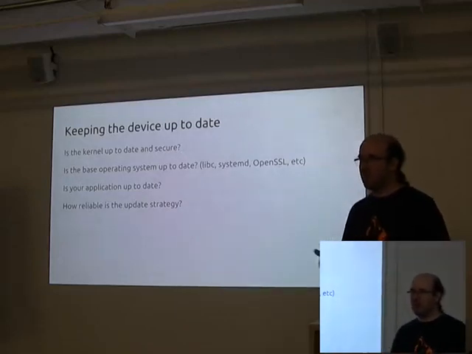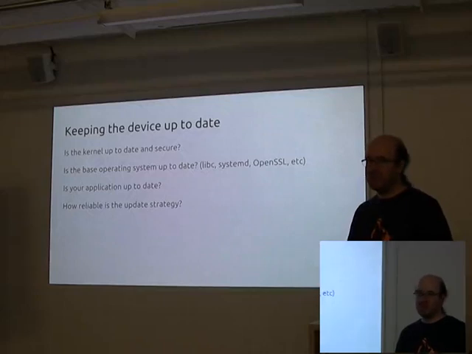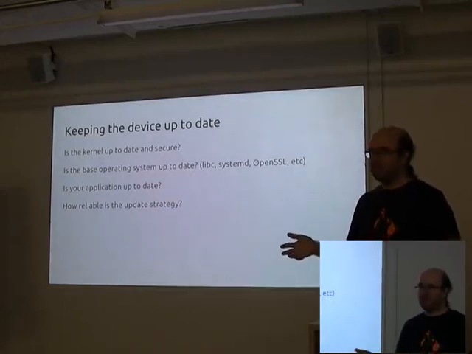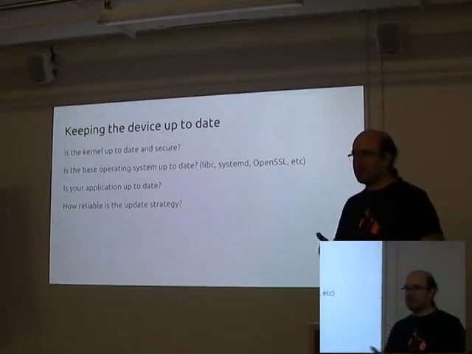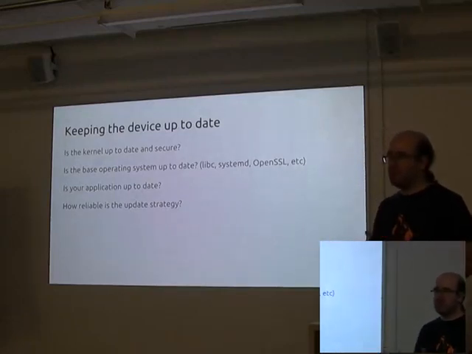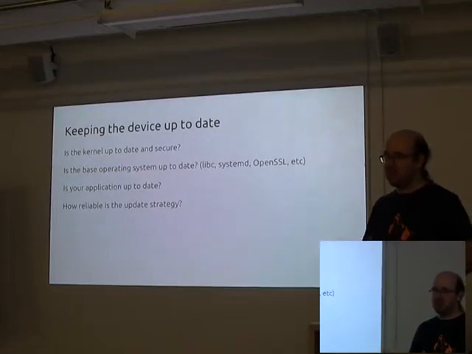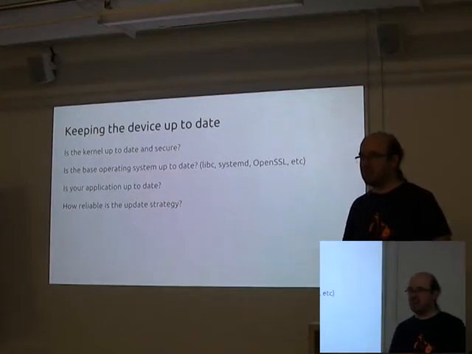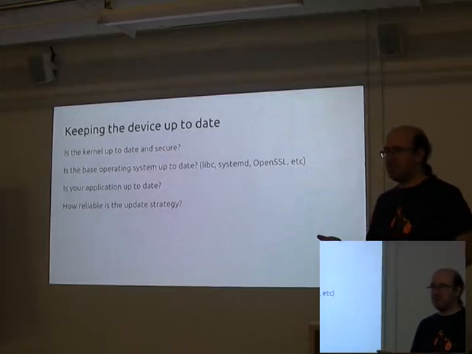And quite separate from your own code, there's the issue of how you make sure that the base operating system and the kernel are all up to date. So like the base Linux system, you might have a copy of OpenSSL, for instance, which is used extensively for a lot of software, but it's an old C code base, and occasionally security vulnerabilities come around.